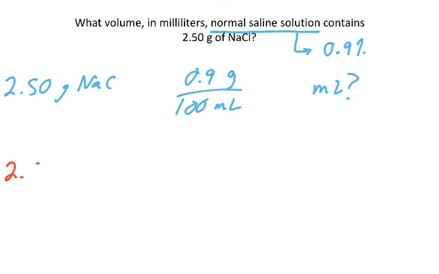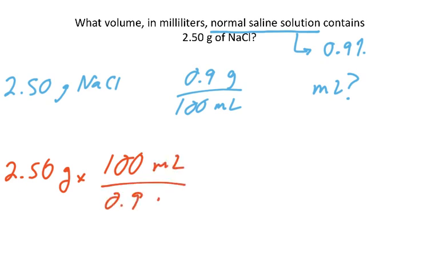So we start with the known quantity, and then to get milliliters, we're going to flip the concentration. So we have 100 milliliters per 0.9 grams, and so grams cancels out.